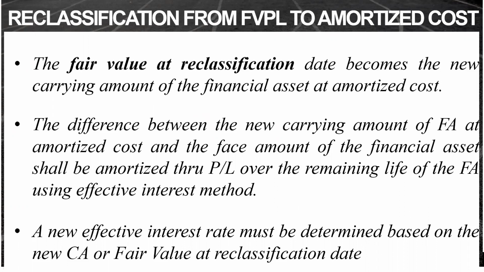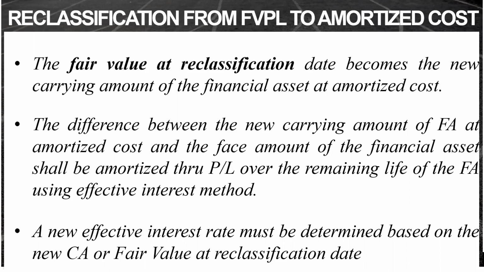So for example, here, reclassification from fair value through profit or loss to amortized cost. Then we also have reclassification from amortized cost back to fair value through profit or loss. Another is from amortized cost to fair value through OCI, and vice versa, from fair value through OCI to amortized cost.